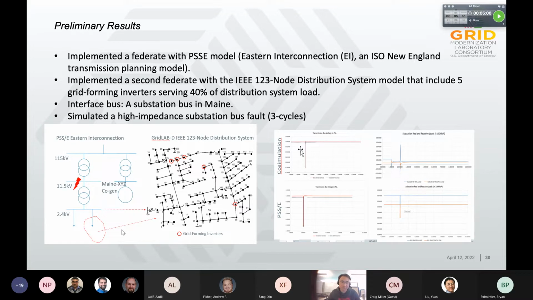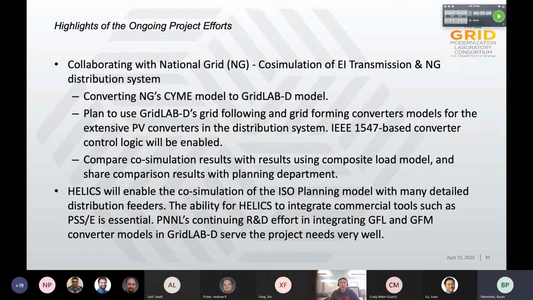If you go to the next slide, let me summarize very quickly. We're now replacing that 123-bus model with a National Grid distribution system model. They shared with us some of their SIME disk feeders.